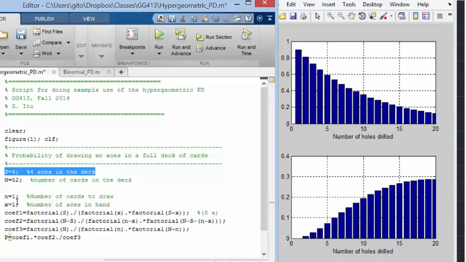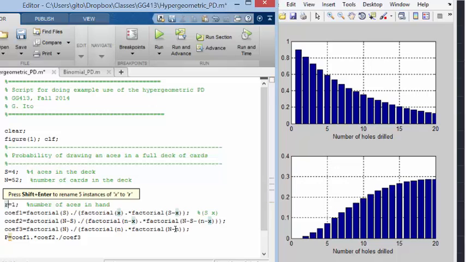So let's say we draw one card, so n equals 1, and we want to find the probability of x. I should have made this x little r. Just pretend this little x is little r. I'll go ahead and fix this before I post it.